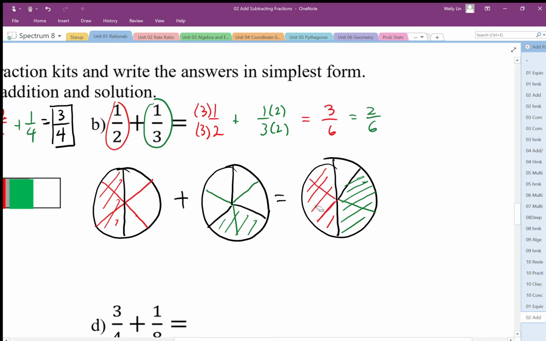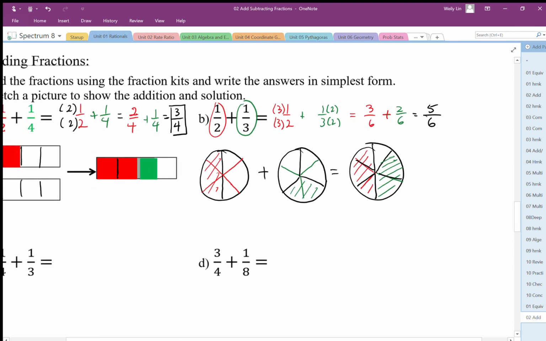I've got 3 parts out of 6 and 2 parts out of 6, and that gives me a total of 5 parts. So I add up the number of pieces. There's 5 pieces, and the size of the pieces doesn't change. So I have 5/6 pieces. That's how I go about doing this.